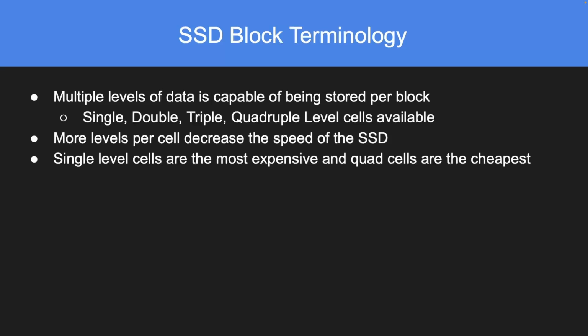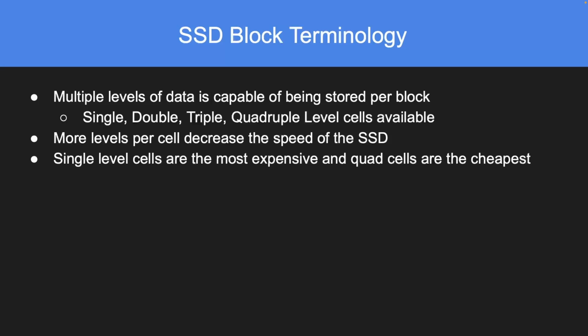And so when it comes to our SSDs, there are certain amounts of data that can be stored on blocks. So each block has a certain amount of cells to it.